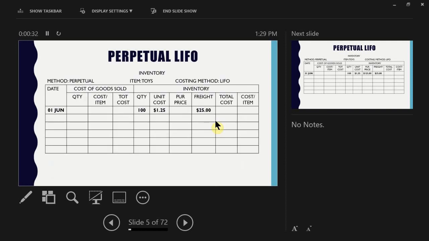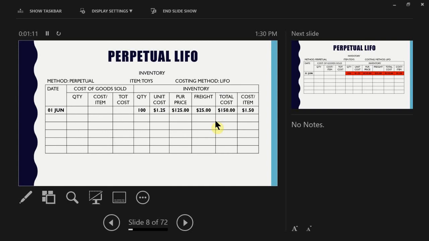Again, we're going to apply it to our little table, to the middle section, which is meant for inventory purchases. Here I have a quantity of 100. My unit cost is $1.25, plus my freight of $25, which gives me a grand total of $150, and by dividing it evenly across my quantity of 100, it should be $1.50 each.